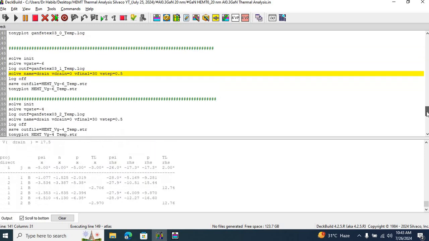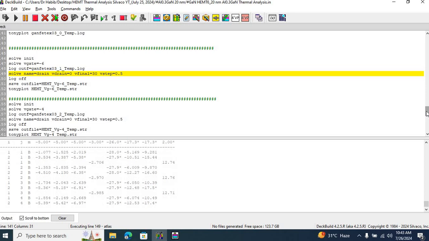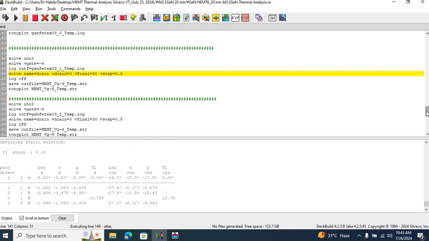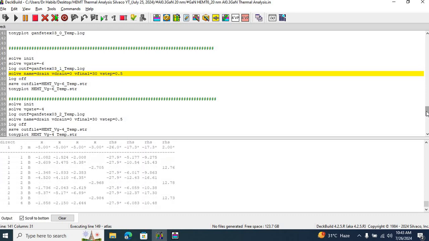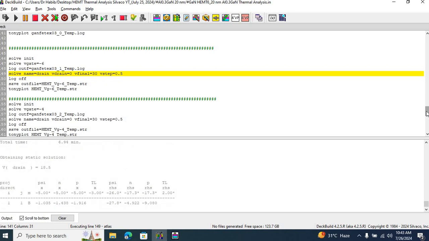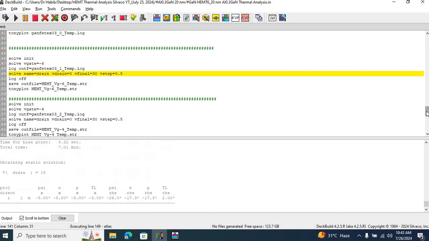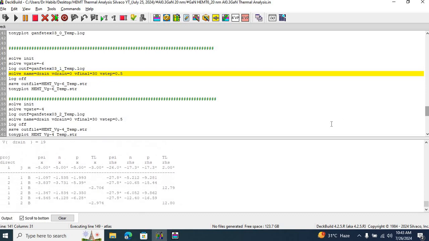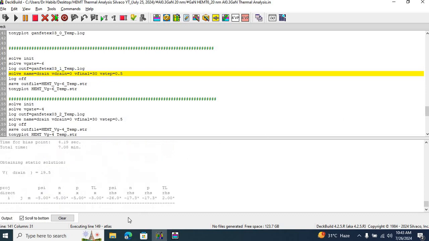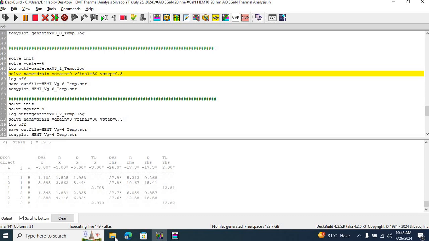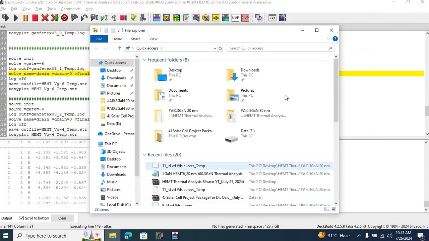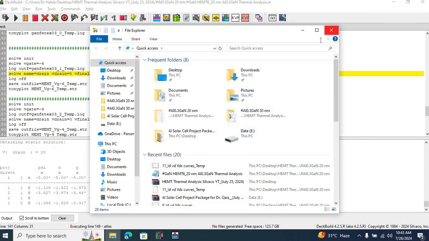Now the thermal analysis or the thermal simulation of this device takes a really long time. It's going to keep running for the next 20 minutes, and I don't want to make you wait for that long. So I actually saved the ID versus VDS characteristic curves with heating for this HEMT structure as well.